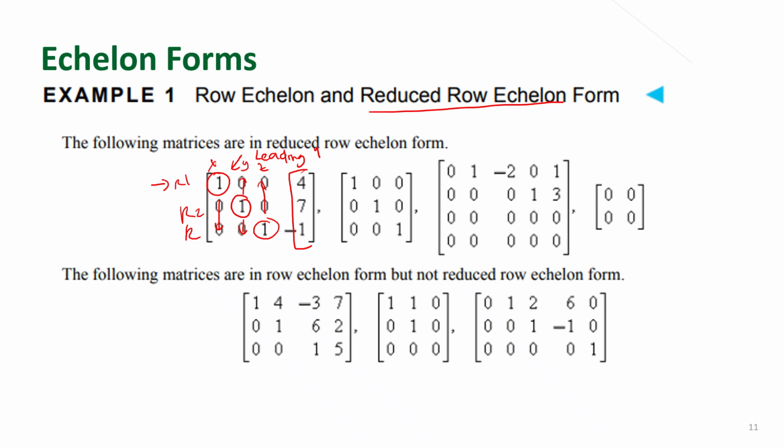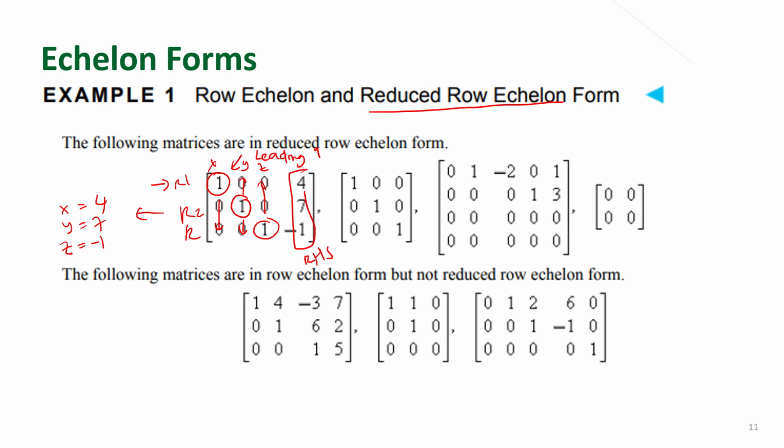The right hand side value is not a concern in the reduced row echelon form, because up until here you can already see the value of z is equal to minus 1, the value of y is equal to 7, and the value of x is equal to 4. So you want it in this form so you will know the values of x, y, z right away.